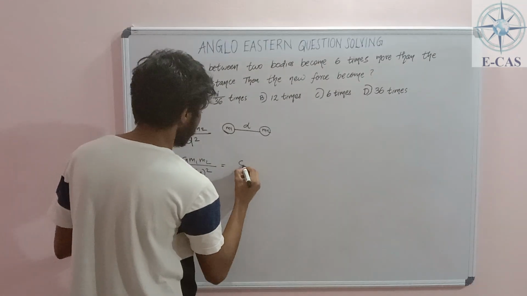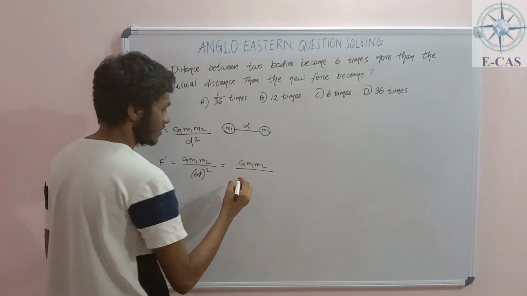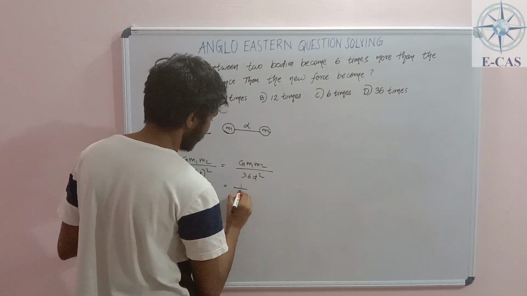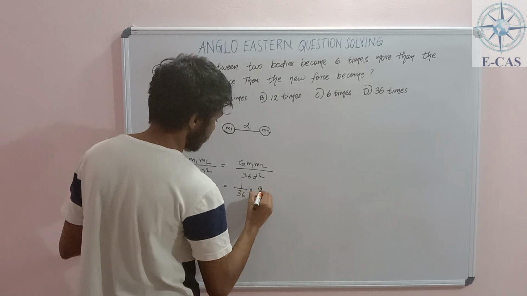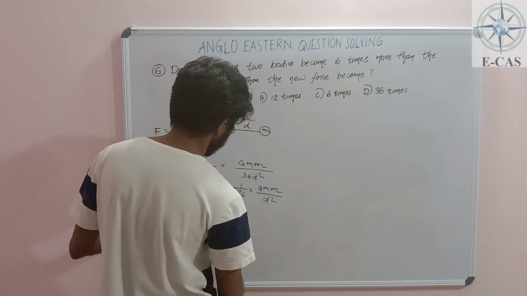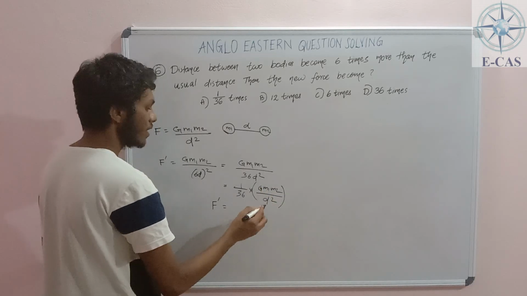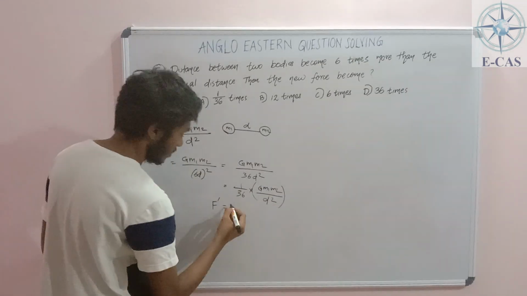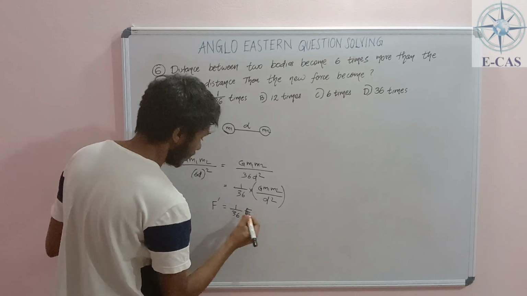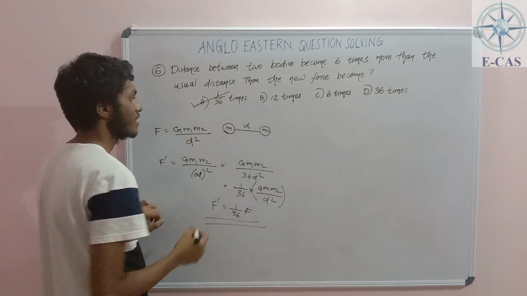This is equal to G into m1 m2 by the square of 6, which is 36, so 36 d square, which is 1 by 36 into G m1 m2 by d square. F dash is equal to, the value of G m1 m2 by d square being capital F, 1 by 36 times F. So the answer to this question is option A, 1 by 36 times.